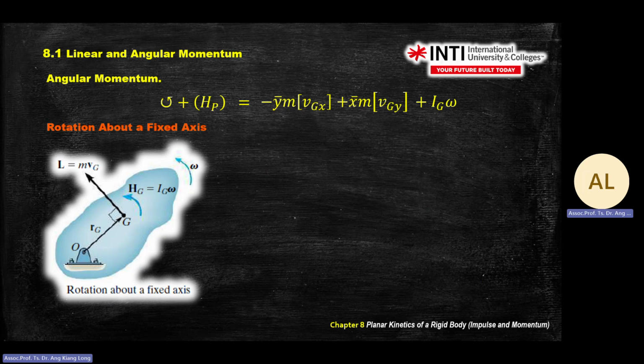Your question will ask you to find the linear momentum when it is deployed like this, and then what is the difference if the 2 solar panels are closed? What is the linear momentum? What is the angular velocity? Or will it affect or not? It will involve rotation about a fixed axis.